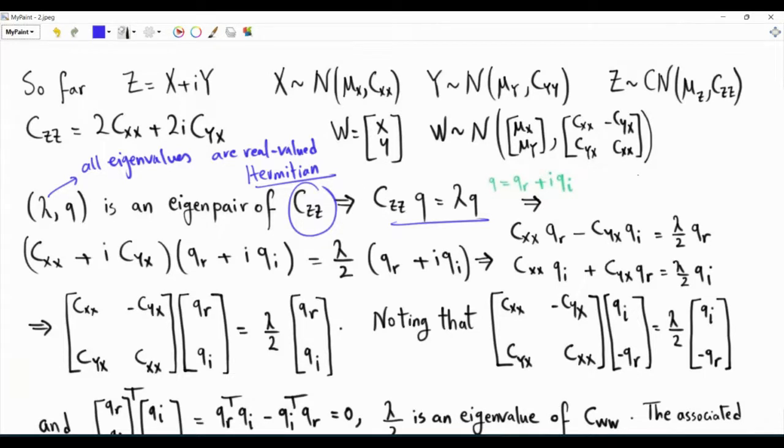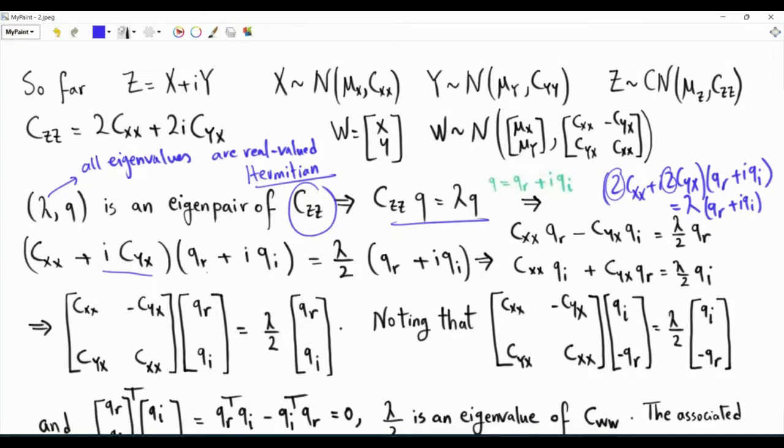Czz is equal to 2Cxx plus i 2Cyx. Q, I will write as Qr plus iQi. Lambda is real valued, again, because the matrix is Hermitian. We can divide both sides by 2, and so we have Cxx plus iCyx times Qr plus iQi is equal to lambda over 2 times Qr plus iQi.